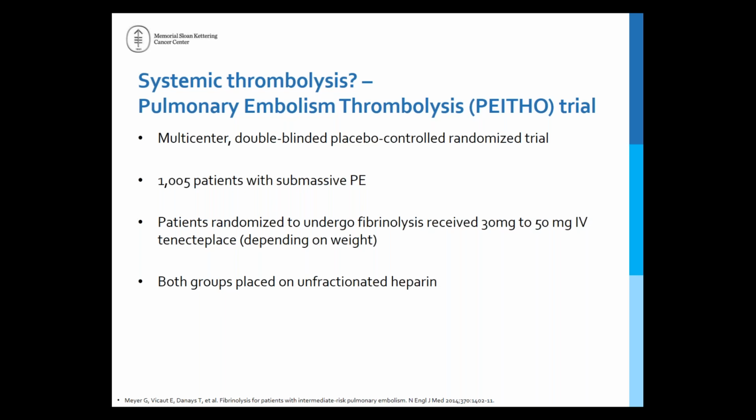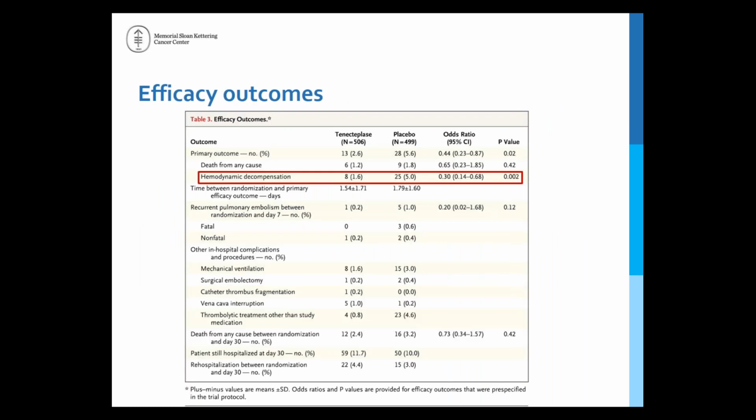Now, I should say that the dosage for a massive PE is usually 100 milligrams IV tPA. So this was a smaller dose that they used for systemic thrombolysis in these patients with submassive PE, not massive PE. And both groups, both the patients that had the thrombolysis and the placebo, had heparin as systemic anticoagulation.